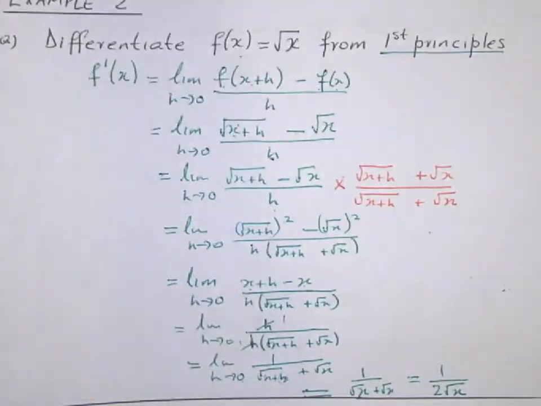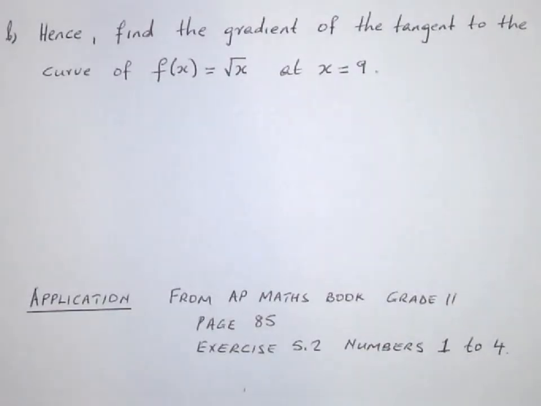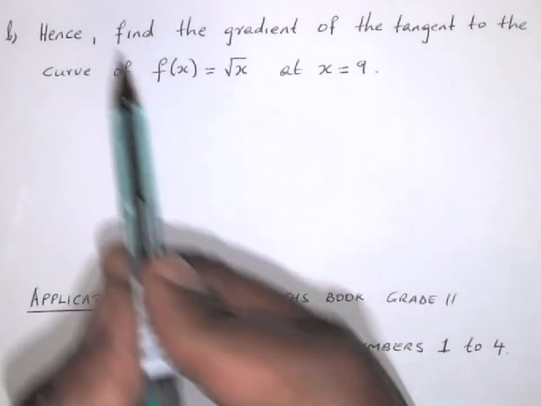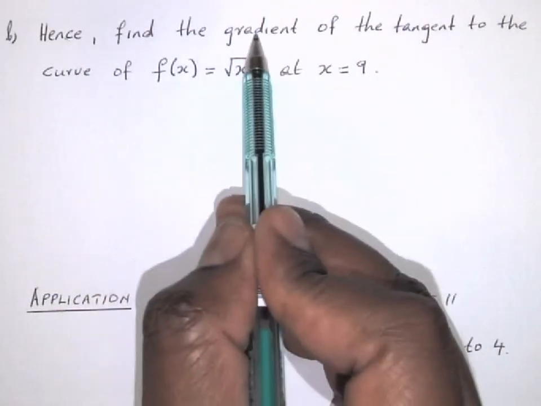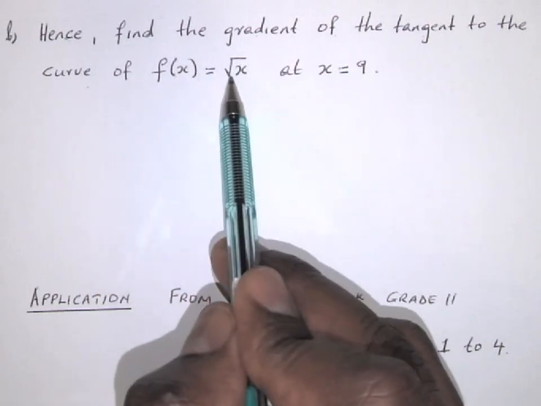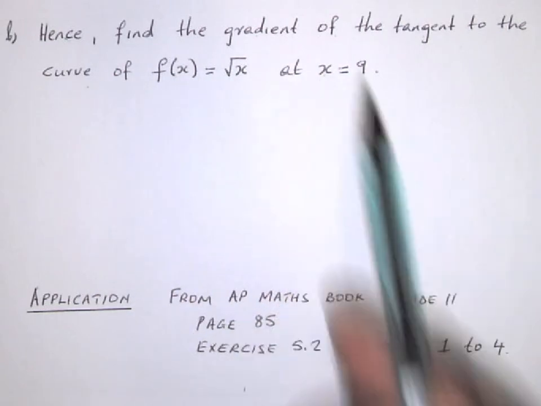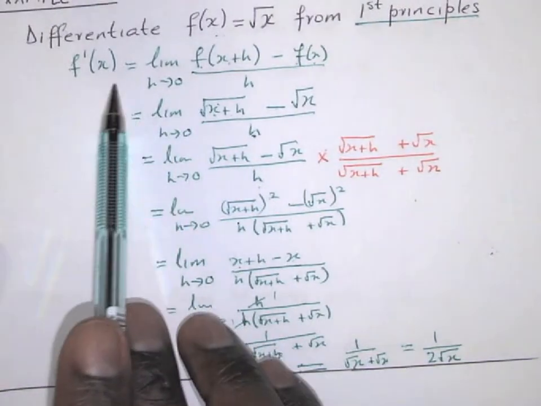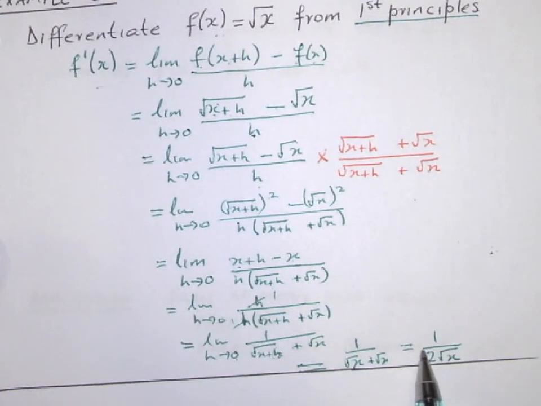That was the first part. Look at the second part of it. It says, hence, find the gradient of the tangent to the curve f of x equals the square root of x at x equals 9. So we did find the gradient, and the gradient was 1 over 2 square root of x.